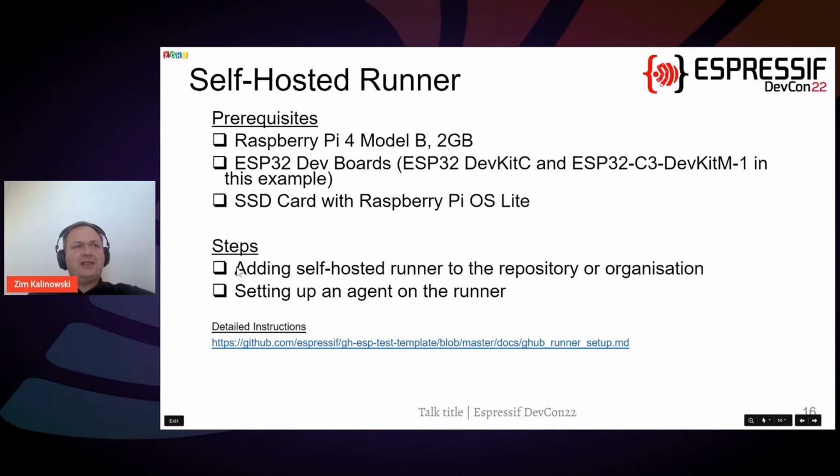Then the document will give you steps to actually add the self-hosted runner to your GitHub repo, or it can be done on organization level, and setting up an agent on the runner itself. Okay, so that's one of the prerequisites.